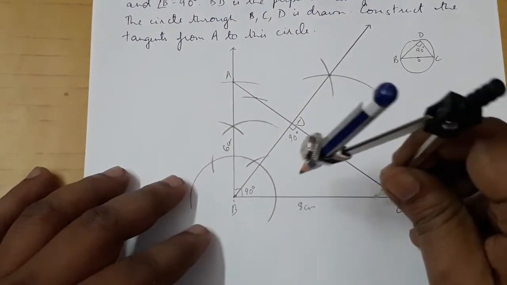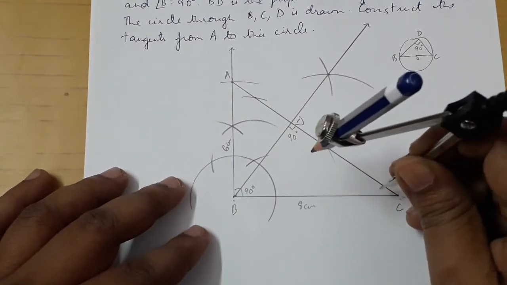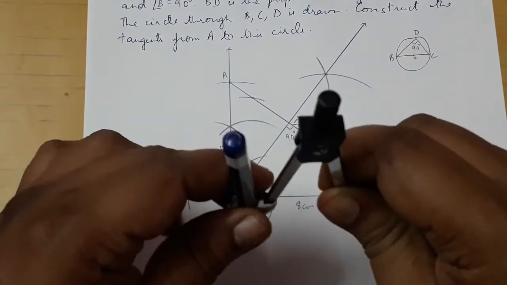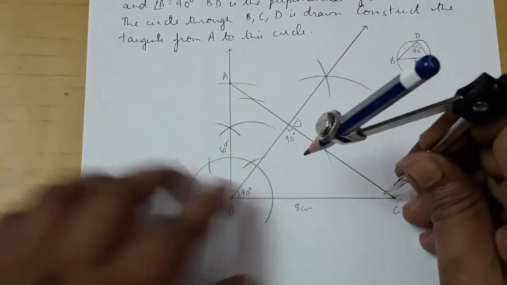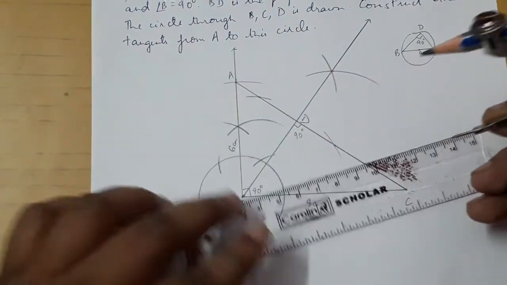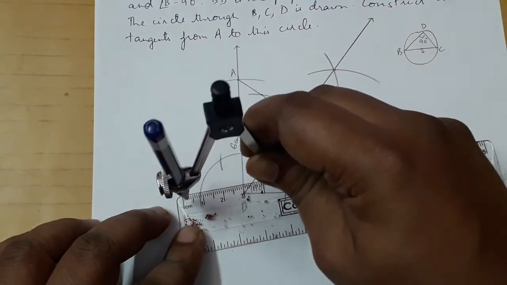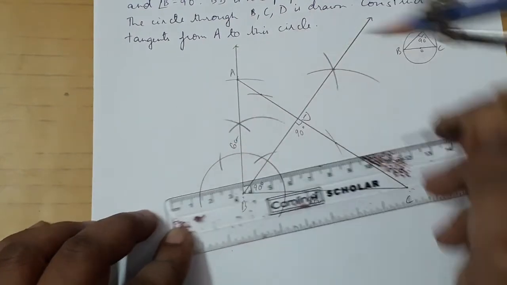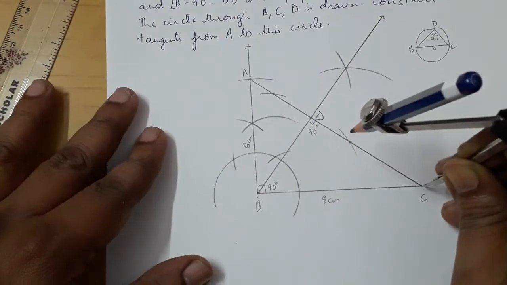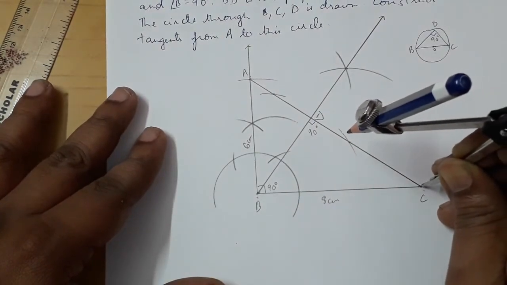To draw a perpendicular bisector, we just need to take a measurement which is more than half this length, which is more than 4 centimeters, and I feel this is much more than that. So let's take that, and I'll construct a perpendicular bisector.